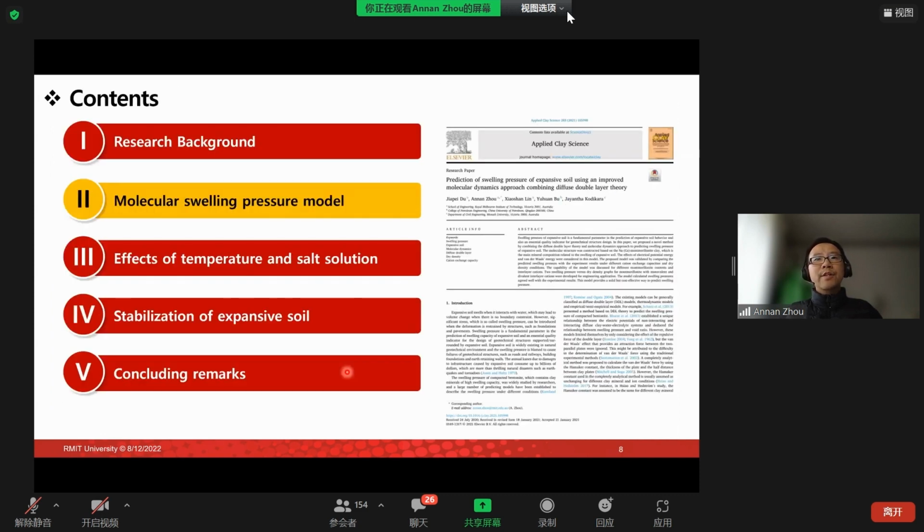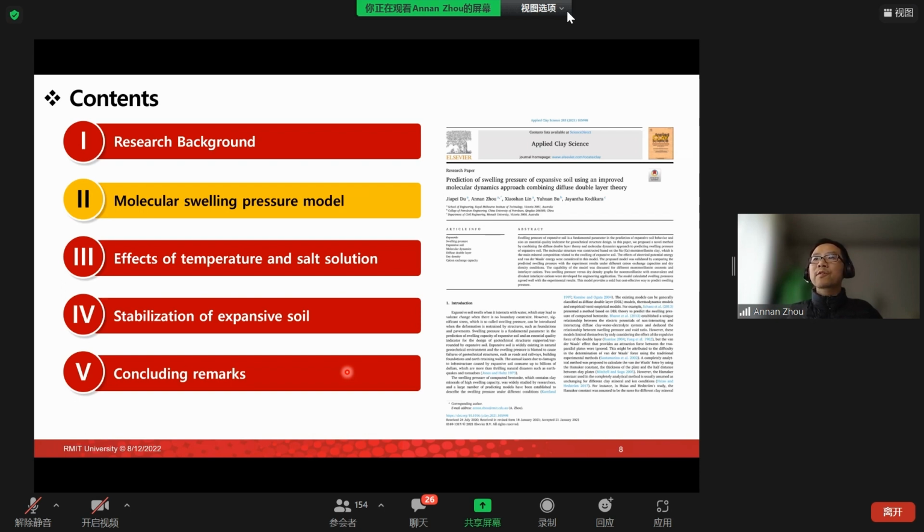All right, my presentation will cover the following three key aspects. First, I will talk about how to mimic the swelling pressure of expansive soil by using an improved molecular dynamics approach combining the DDL method, diffuse double layer method.